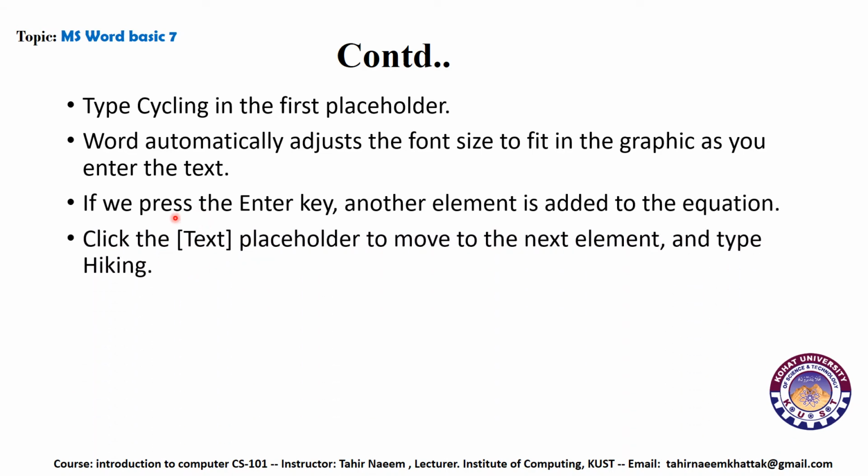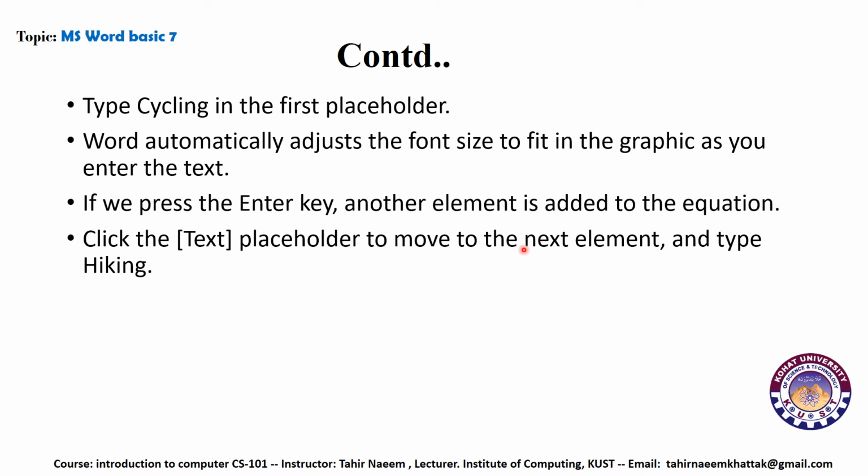In this placeholder, the text will appear by default and the cursor will be there, and we type "cycling". Then I move the cursor to the next element and type "hiking".